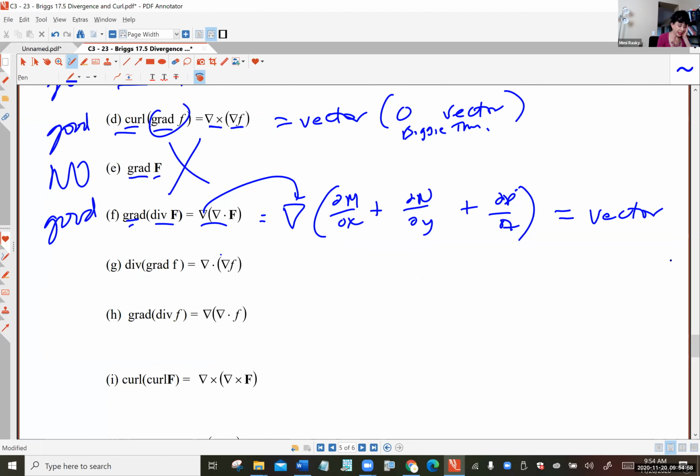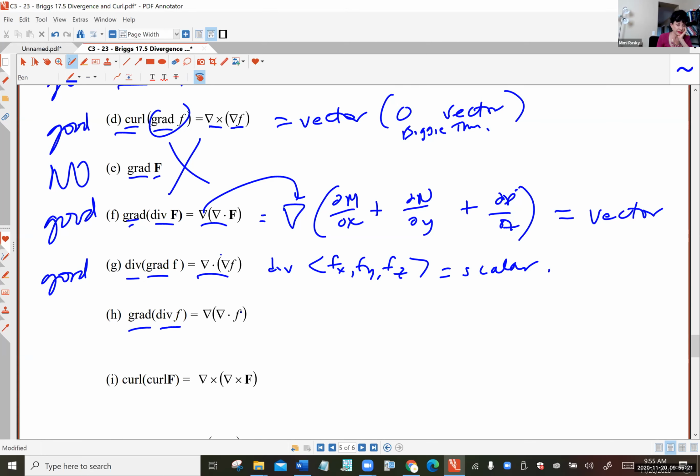Okay, how about, are you allowed to take the divergence of a gradient of f, which the notation would look like del dot product del f? And the answer is, yeah, that's good. You're basically saying, what's the divergence of this vector field? A gradient is just a very special vector field, and you would get a scalar.